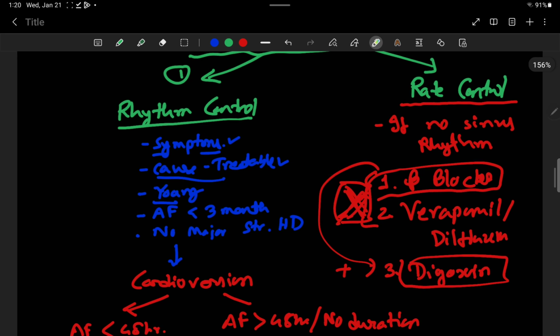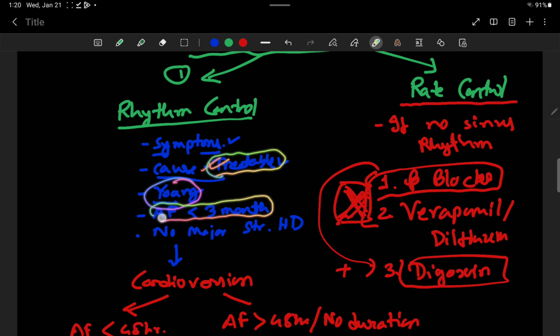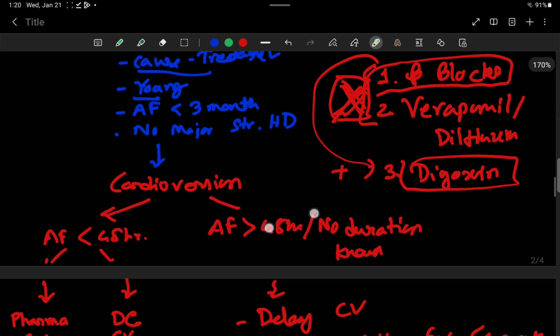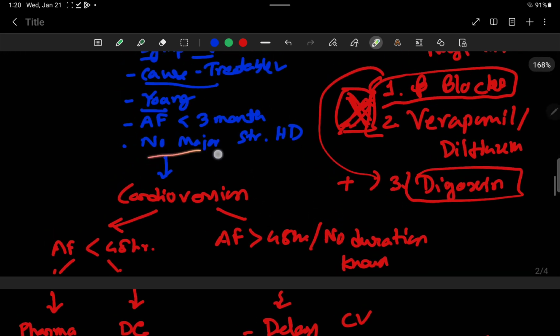But for rhythm control versus rate control, in rhythm control the patient has significant symptoms; otherwise, with no symptoms, you can give some rate-controlling drug and see whether the rhythm is controlled or not. Then you have to treat the cause and find out the risk factors. If the patient is young and the AF episodes are short, for less than 3 months, and there is no major structural heart disease, you can go with cardioversion.